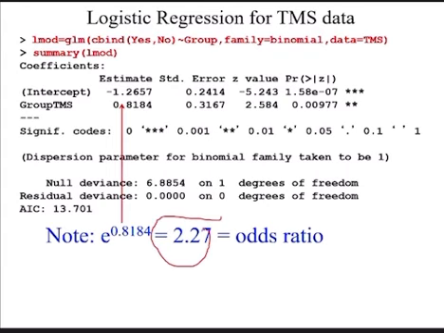I told you, because the R output will not give you the odds estimate directly. If you want to find the odds estimate, you do the exponential raised to the power of the slope estimate, and it gives you 2.27, which we computed manually the other time. Can you see that? That's super cool.